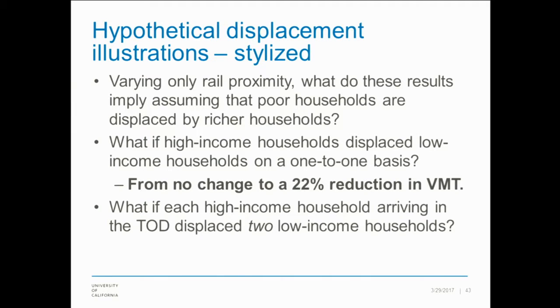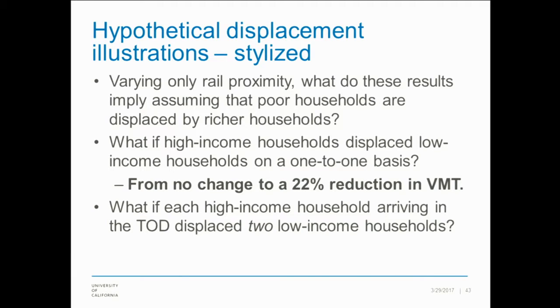So first bullet, Maggie, varying only rail proximity: what do these results imply, assuming that poor households are displaced by richer households? And the answer here is, well, even using all of these results, including the ones that are a little bit less reliable and a little bit strange, what if high-income households displace low-income households on a 1-to-1 basis?